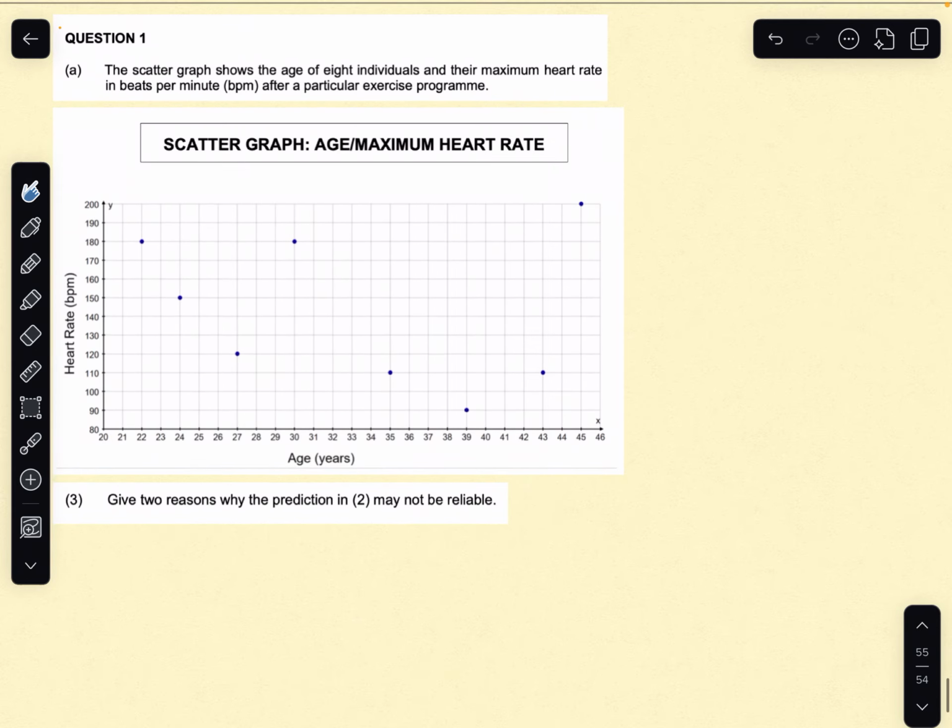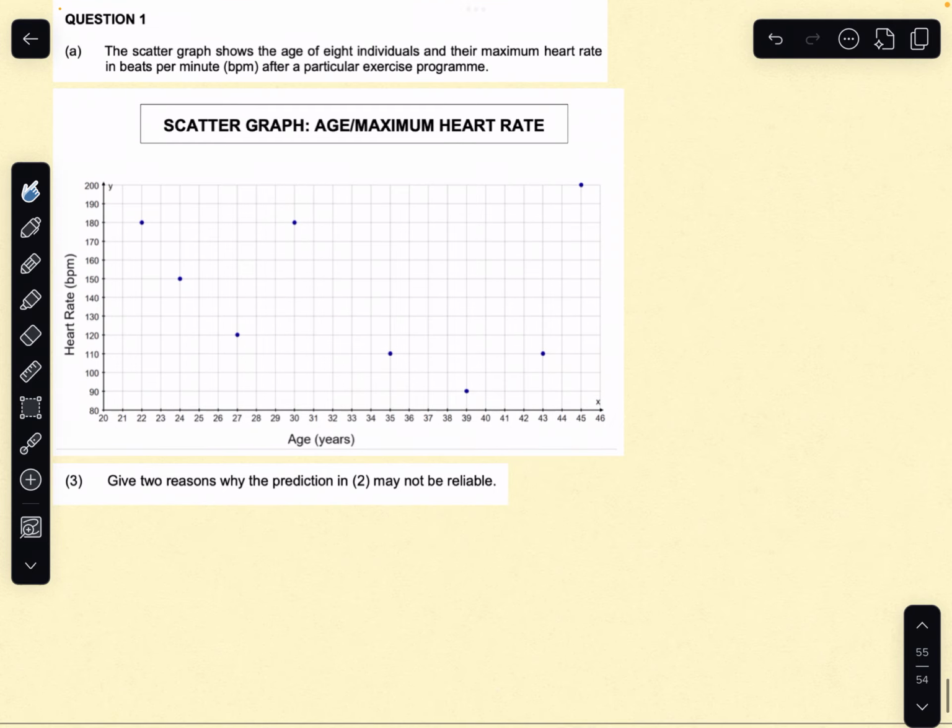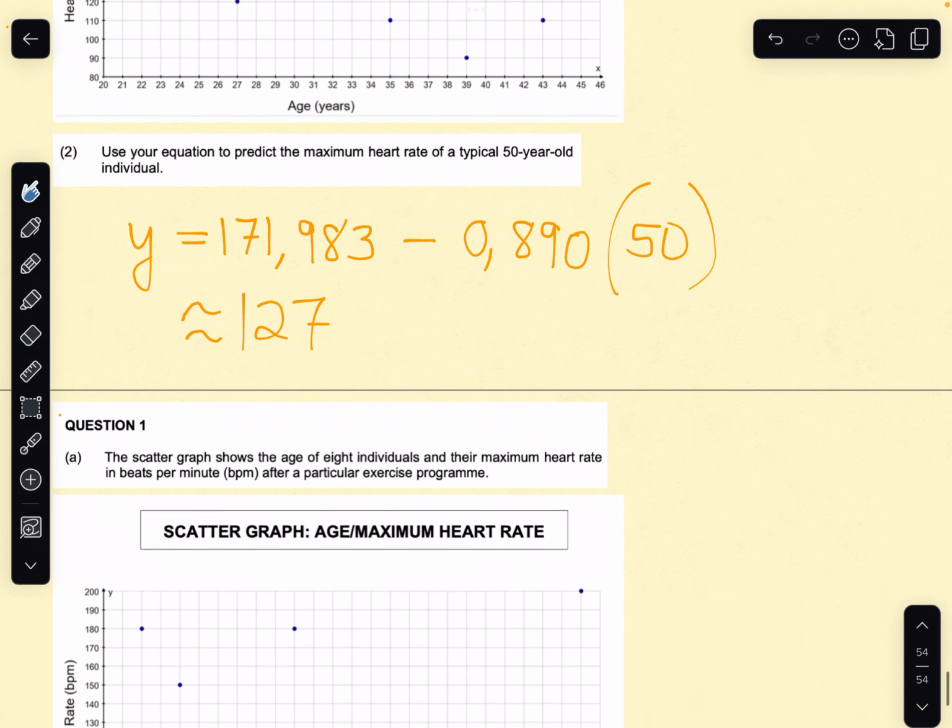And so the last question asks us, give 2 reasons why the prediction in number 2 may not be reliable.